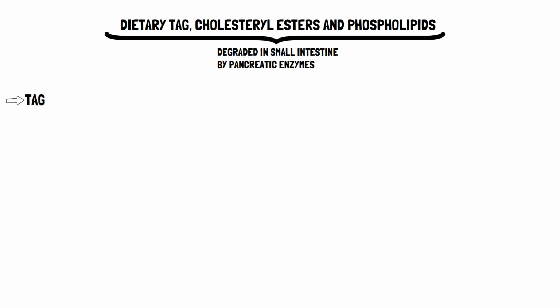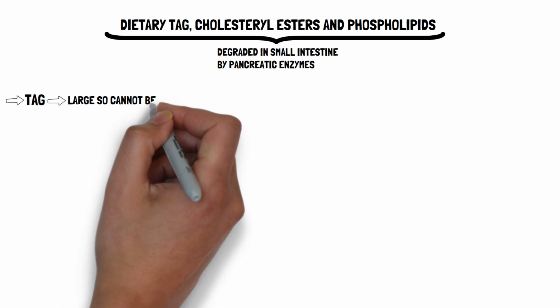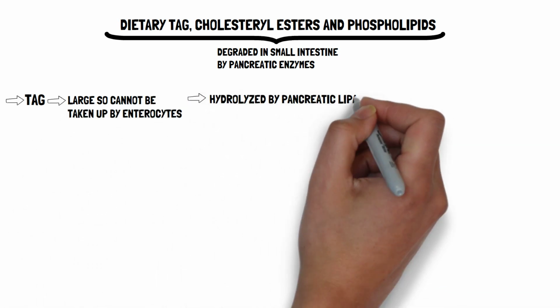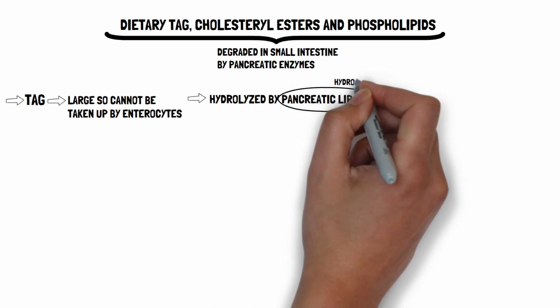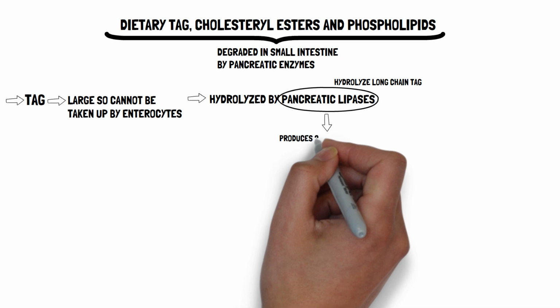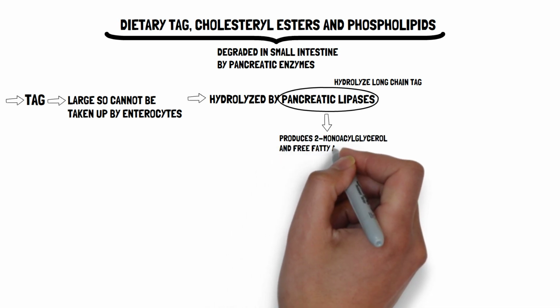Triacylglycerol molecules are too large to be taken up by the enterocytes of the small intestine. Therefore, they are hydrolyzed by pancreatic lipase, which preferentially hydrolyzes long-chain triacylglycerol, in contrast to gastric lipase. The primary products of hydrolysis by pancreatic lipase include 2-monoacylglycerol and free fatty acid.